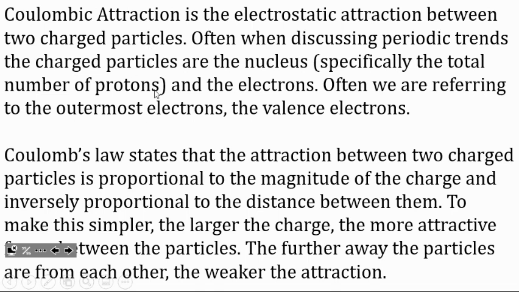All right, it comes down to this Coulombic attraction. The Coulombic attraction, as you learned in your homework last night, deals with two different properties. It deals with the charges that we're working with. So, for example, as we go across the periodic table in the same row, we're increasing the number of positive charges that are pulling on those electrons, okay? So that's the top part of Coulomb's law. The bottom part then deals with distance.